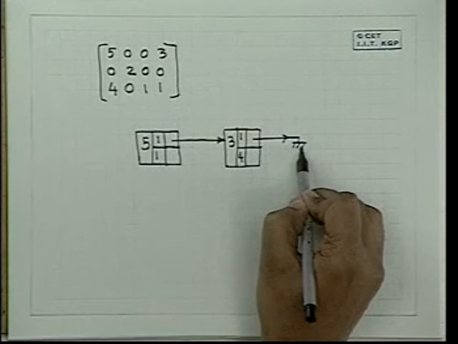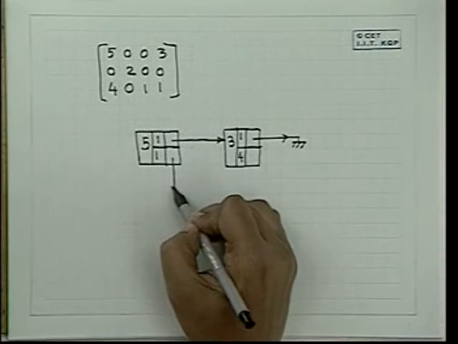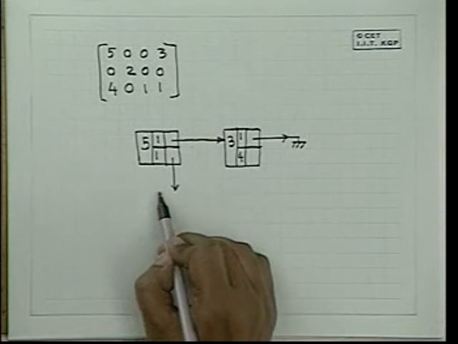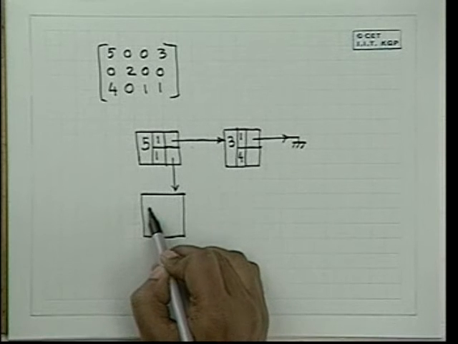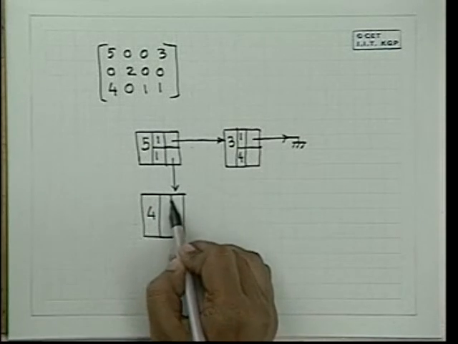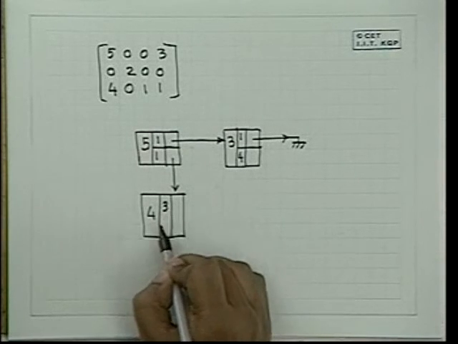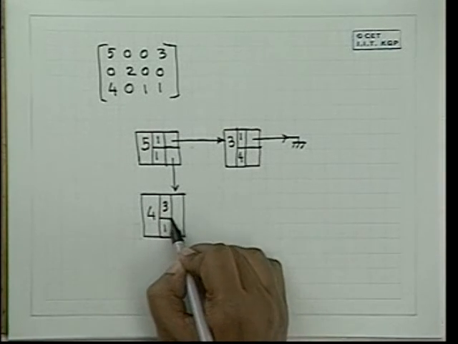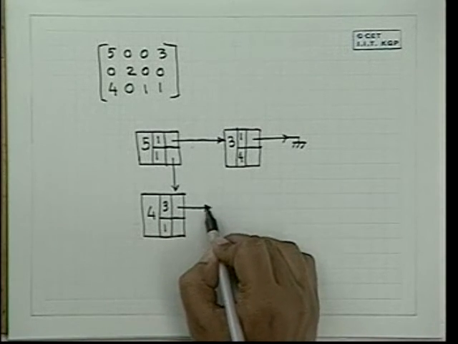This will be ground, then this, let us see, this will be 4, this will be 3, this will be 1, this will be pointing to this.